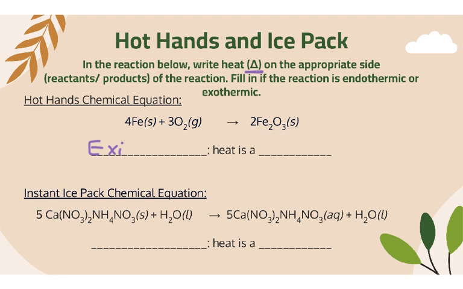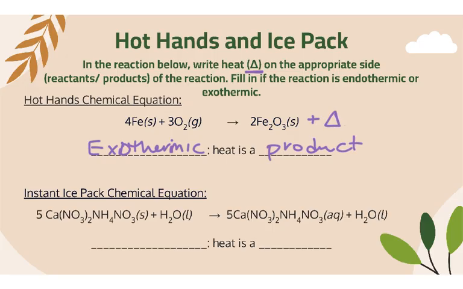So then that is going to be exothermic. And if heat is exiting, that means that heat is a product. And so I'm going to put on the right side with my products, I'm going to put plus and then a triangle to show that's where heat was.